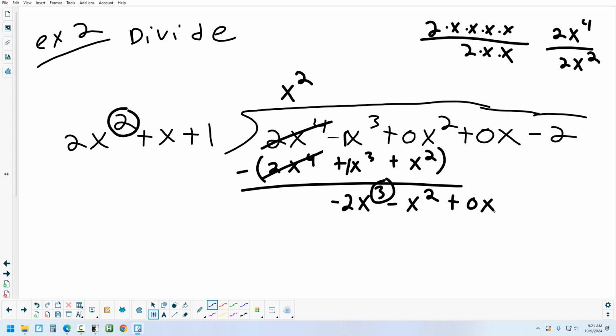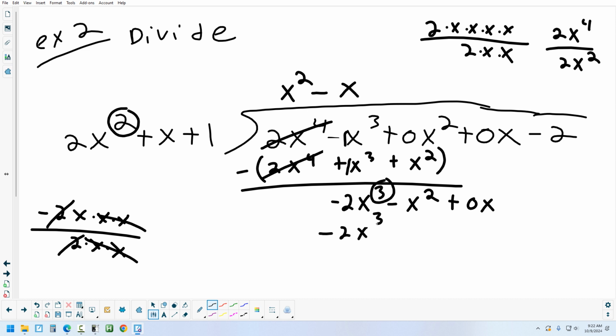Yep. So negative 2x to the 3rd divided by 2x to the 2nd. The x's are gone, the 2's are gone, we're left with negative x. Now the negative x, what am I going to do with that? Distribute it back out. That gives me negative 2x cubed.